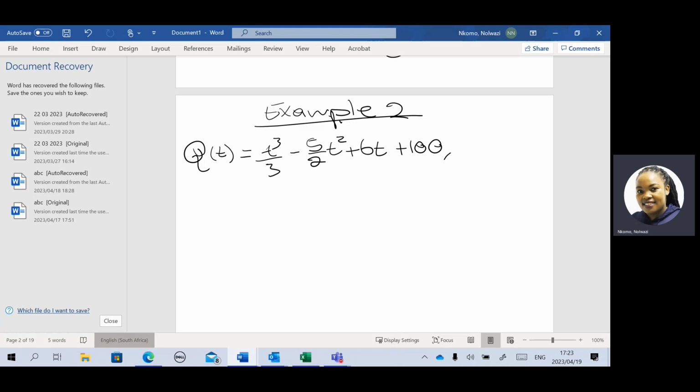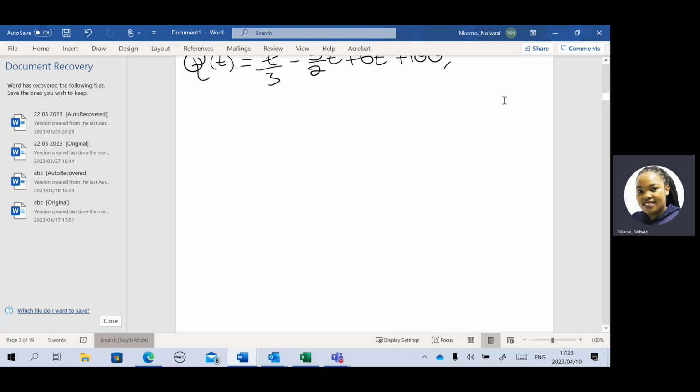And then here we are told that T is measured in years and Q is the output in hundreds of units produced. Now we need to determine the years when the output is a maximum and when the output is a minimum.